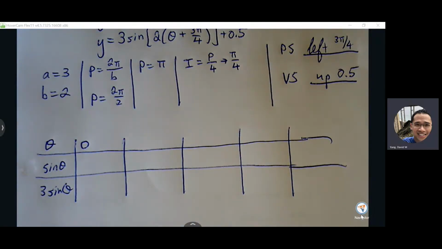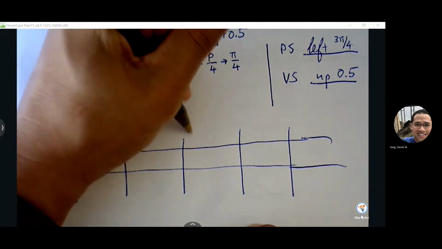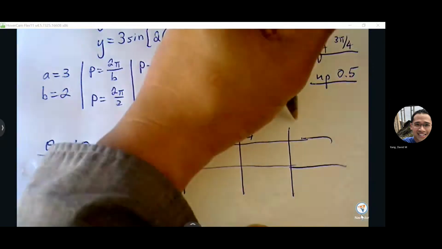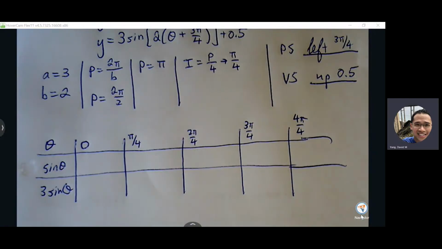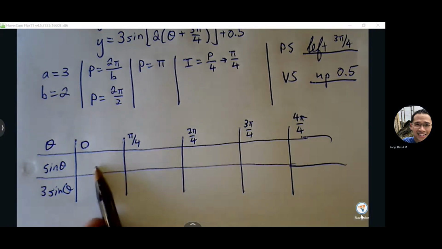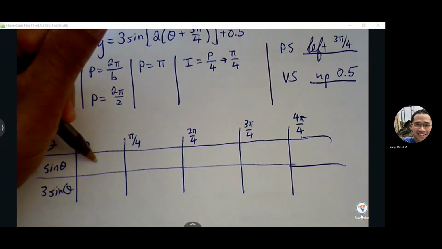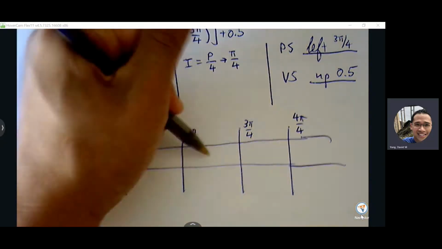Keep adding your interval until you reach your period. Leave all your denominators unsimplified. Makes it easier when you have to subtract or add fractions later. Hey, where does the sine start? 0, then 1, yep.